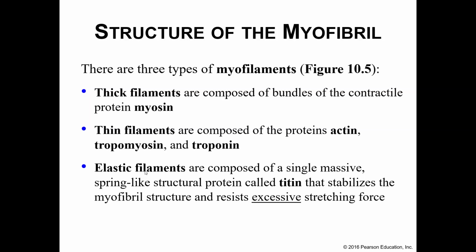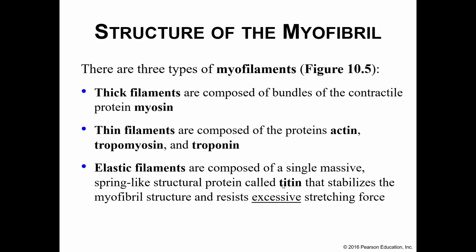The one that we are going to chat about very briefly is titin. Titin is a giant spring-like structural protein that stabilizes the overall structure that we're getting ready to talk about, and it helps resist excessive stretching. Remember, one of the things that we would prefer not to do is overstretch your muscles.